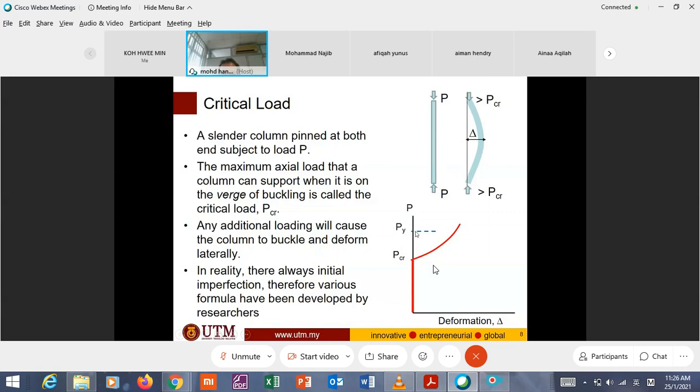Remember when you did the tensile test, you have yield stress Py or yield loading. If it is slender, before it reaches yield loading, it starts to buckle. That's why we call it slender. It buckles before it reaches yield loading.